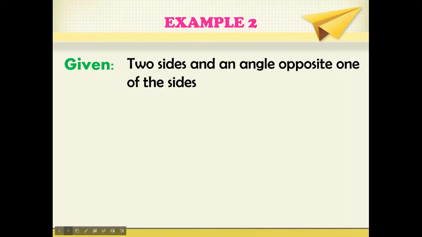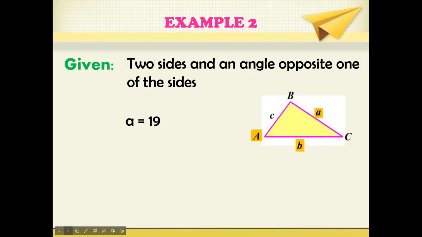So here we are given two sides and an angle opposite one of the sides. Side A is equal to 19, side B is equal to 10, and angle A is equal to 120 degrees.